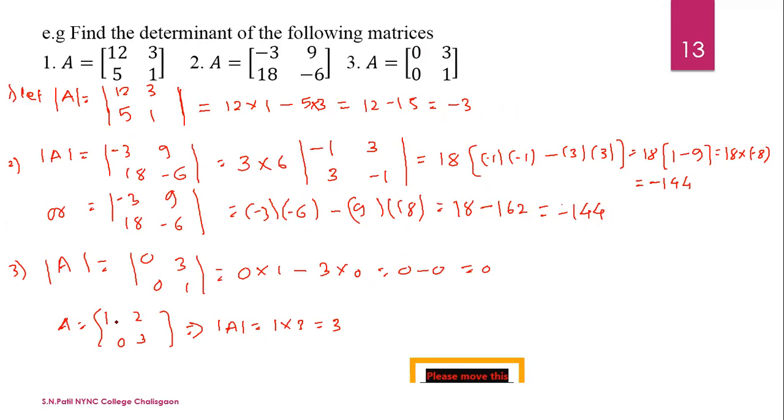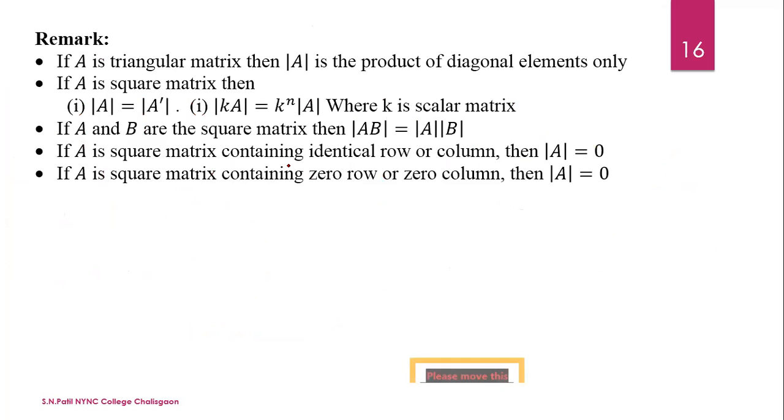If there is a triangular matrix, then the determinant is the product of the diagonal. When we observe a common element in a row or a column, then we take the common element outside the determinant. So from this observation we write some remarks here.